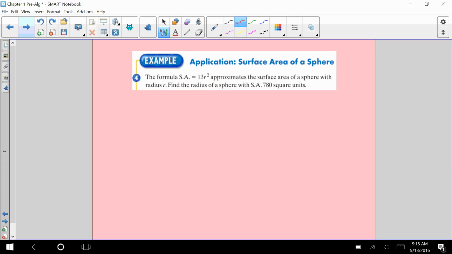Now the formula for surface area, that's SA is surface area, equals 13 times r squared. It's about the surface area of a sphere with a radius of r. So we are going to find the radius of a sphere with a surface area of 780. So we'll plug 780 in for SA. We're going to divide out that 13.